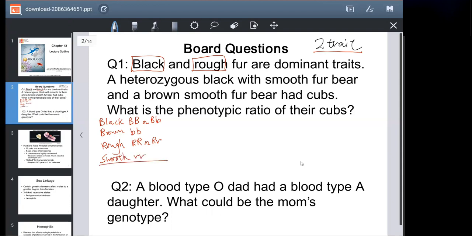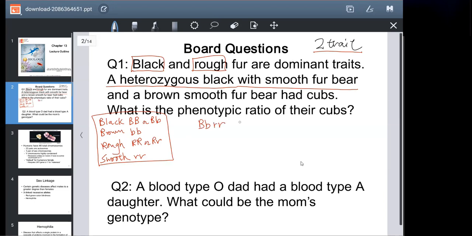Once you have your key, then you can start listing your genotype. It says a heterozygous black bear with smooth fur. Black, heterozygous, that means which one? Yes, big B, small b. With smooth fur, smooth is what? Little r.